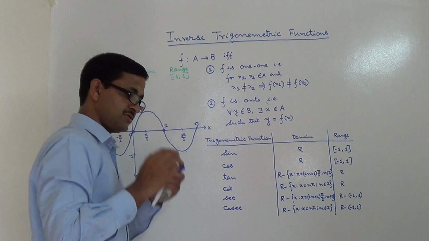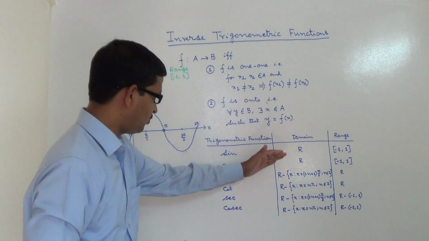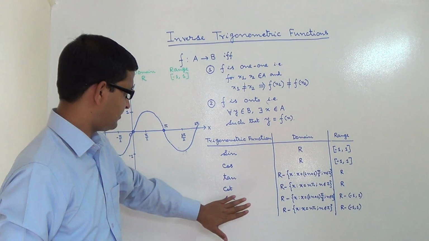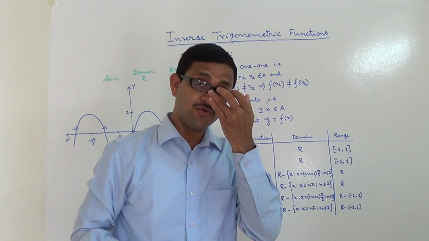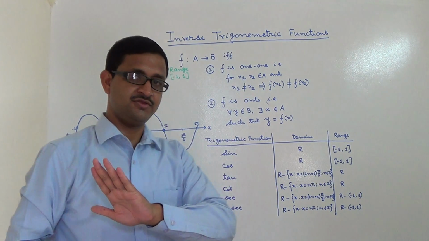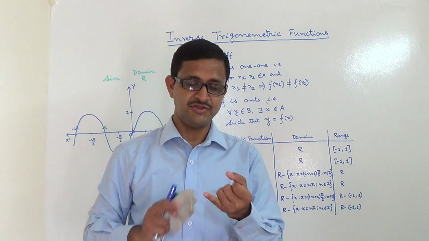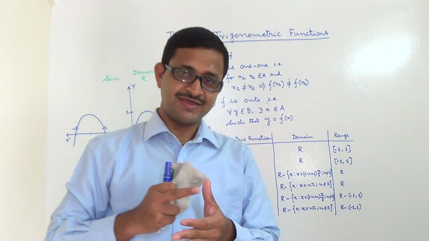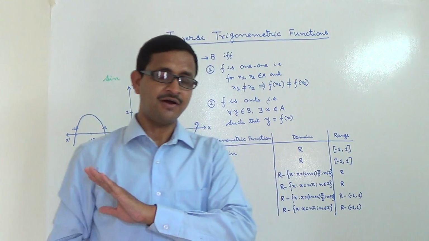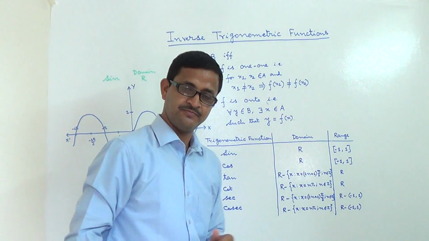Now the point is, what we see here is that in these defined domains and ranges for the trigonometric functions, none of these functions is one-one. Neither sine, cos, tan, cot, sec nor cosec is one-one in its defined domain.